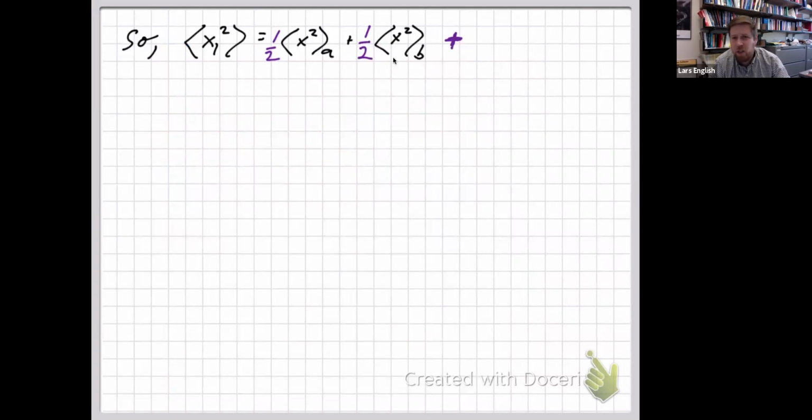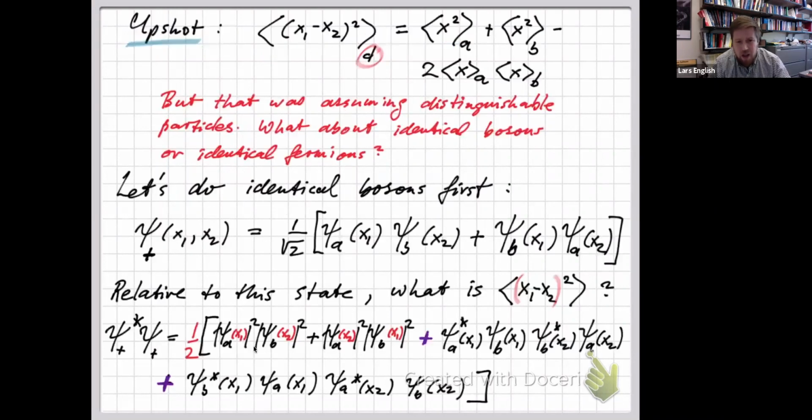You can convince yourself fairly quickly that that's what would happen, for the same reasons that we got that result previously. So again, multiply this by x1 squared and integrate. You'll see that we're going to get 1/2 times this here. This here will just integrate to 1 again, like before. This one here will give you the expectation value of x squared relative to state a, and this one here will give you the expectation value of x squared relative to state b.